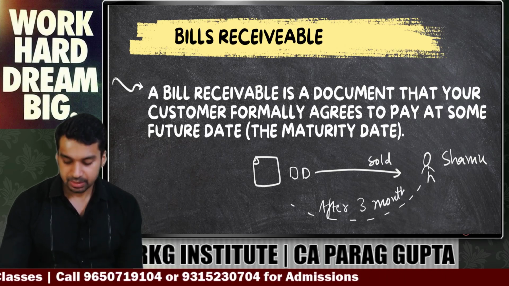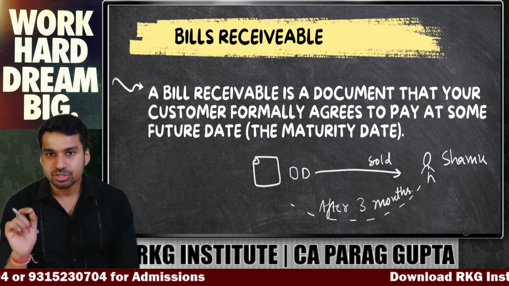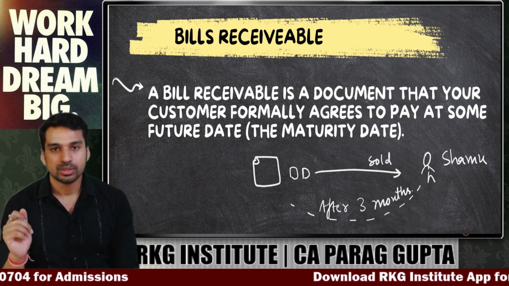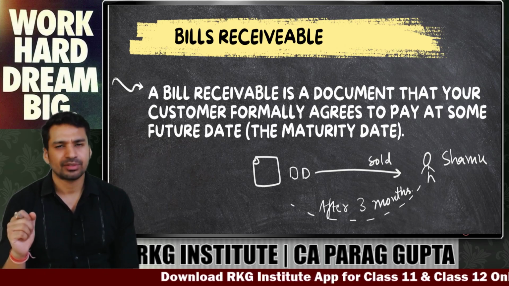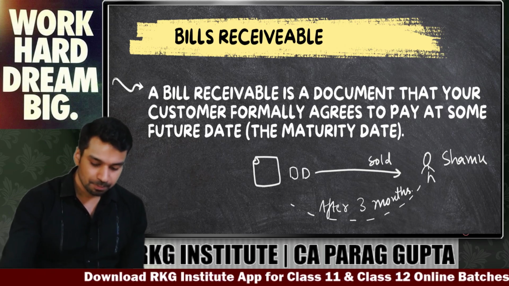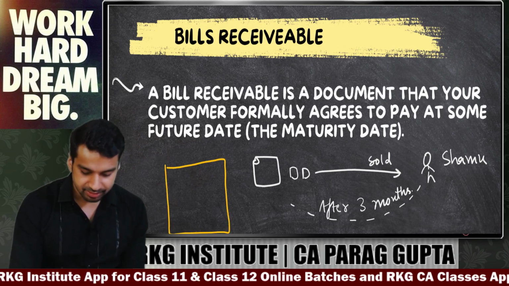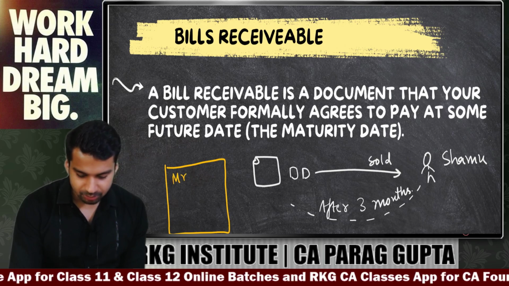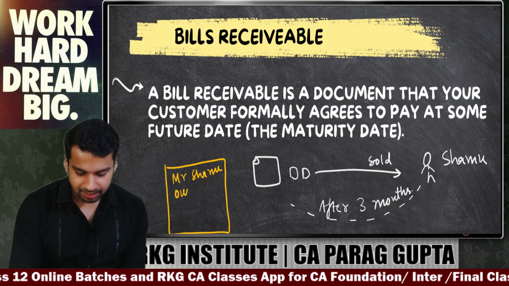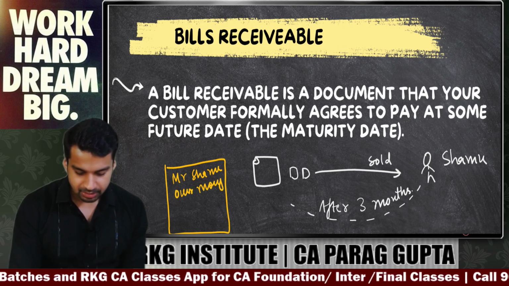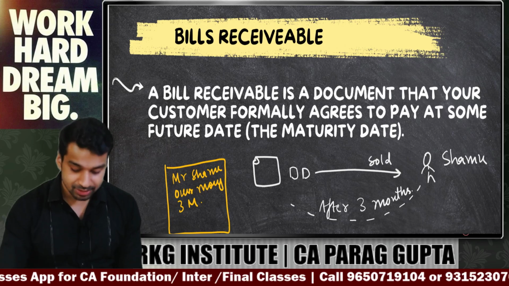Now Shamu says that he will pay the money after 3 months, but can you trust Shamu? No, we cannot trust someone who says I will pay the money after 3 months. So what we will do, we will take a piece of paper, we will write that Mr. Shamu, you will pay our money after 3 months, and you will send this letter to Shamu, and Shamu will sign it.